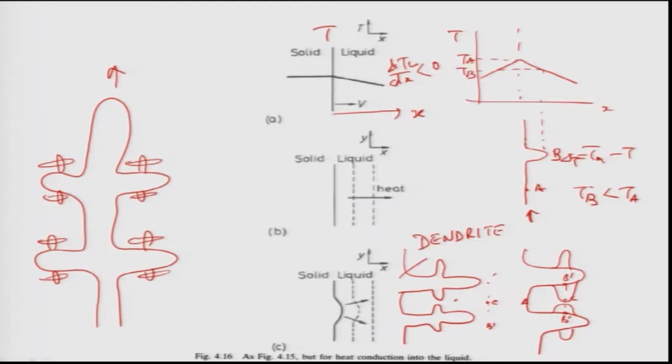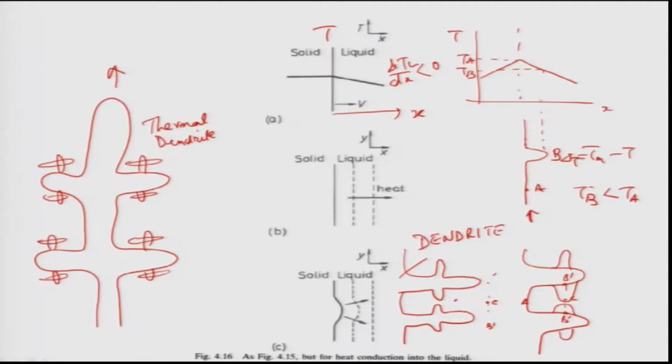Such dendrites are known as thermal dendrites, because they form because of the heat transport. So their growth basically depends on how fast we can transport the heat. That is the important aspect. Now, this fast or slow transport of the heat depends upon the value of the temperature gradient.